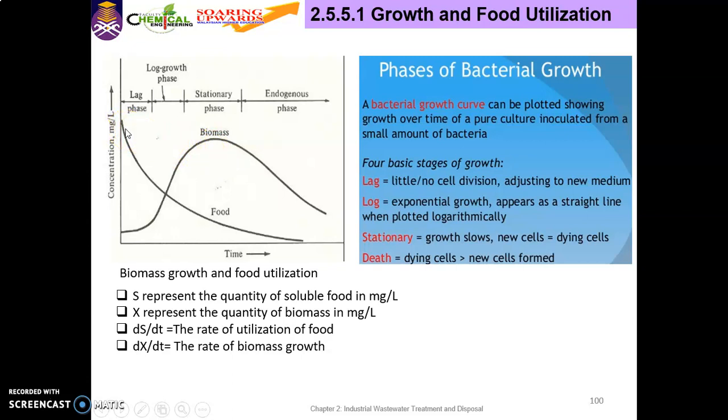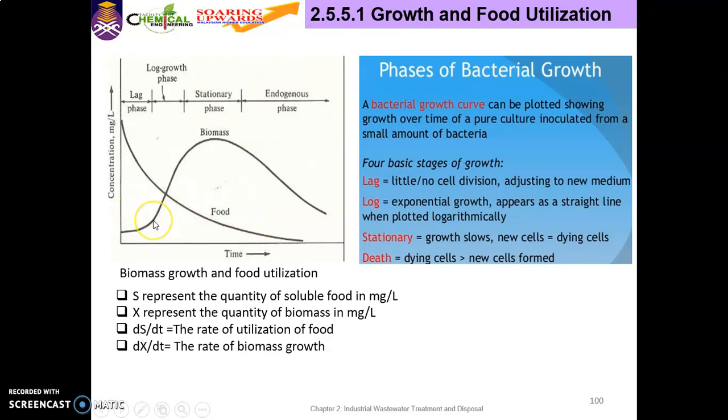The first one is food. Food is the dissolved and colloidal organic compound in your wastewater that is used by the microorganisms to be converted into biomass. The food line will decrease over time, and the biomass will increase after the log growth phase.